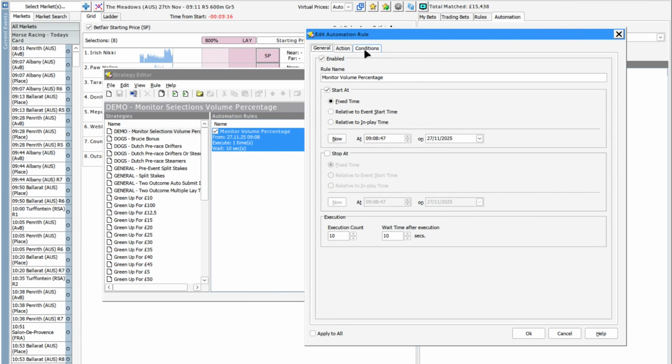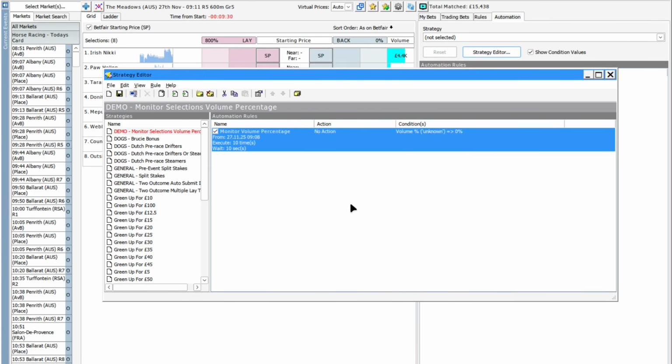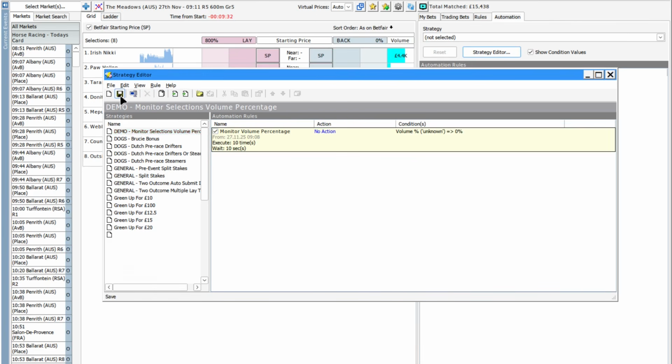We want the condition to be met all the time at every point. So if you set that equal to or greater than 0, this condition will always be true. And that essentially is it. Let's just save that.